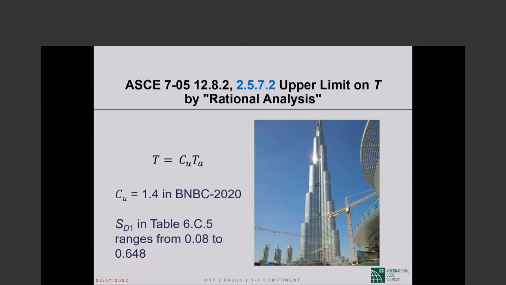Even when you do dynamic analysis, the results of dynamic analysis have to be scaled to the results of the static analysis, either 100% or some percentage. But the dynamic analysis is tied to static analysis, and static analysis is dependent on this approximate period. Even when you do rational period computation, you do not get away from that.